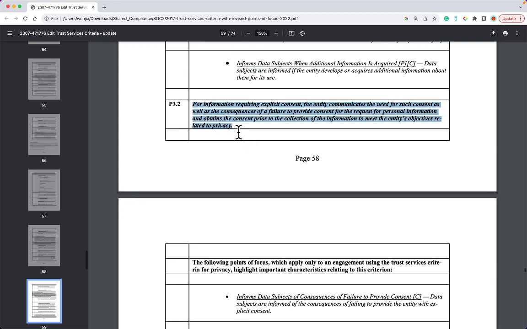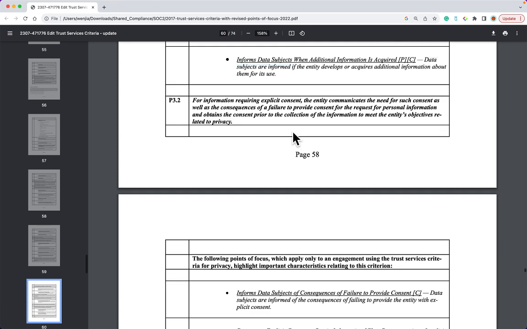This one, P3.2, for information requiring explicit consent. The entity communicates the need for such consent as well as the consequences of a failure to provide consent for the request for personal information, and obtains the consent prior to the collection of information to meet the entity's objectives related to privacy.